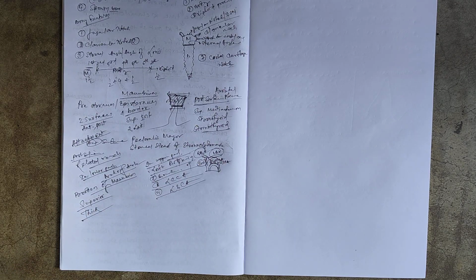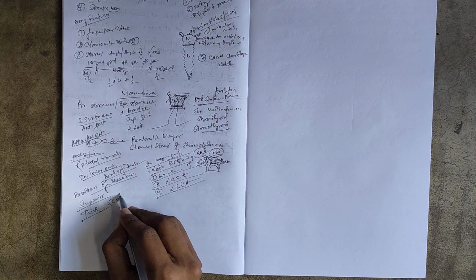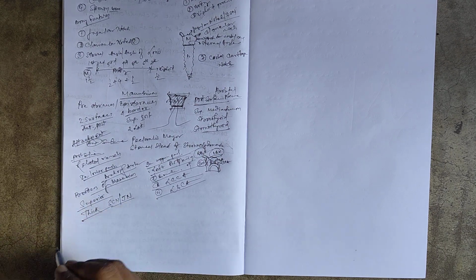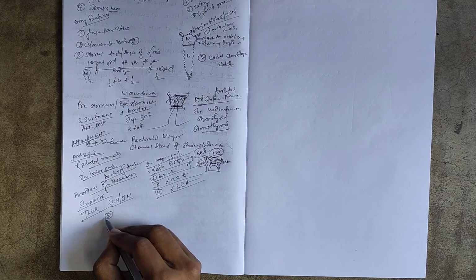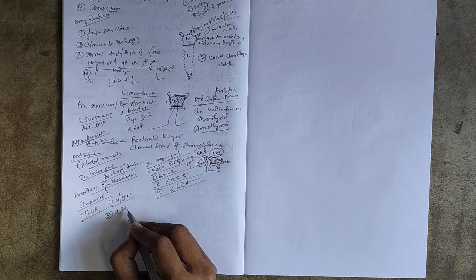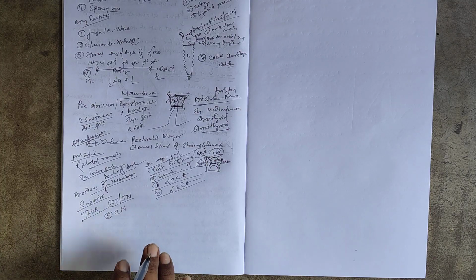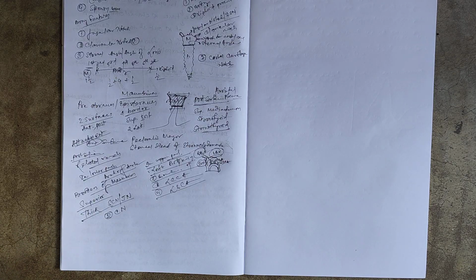And it has the suprasternal notch or jugular notch, and two clavicular notches are also present, one on each side. And the suprasternal notch gives the attachment to the investing layer of the deep cervical fascia and the interclavicular ligament.